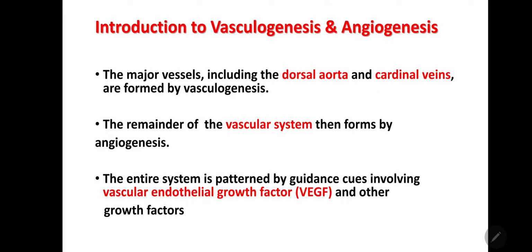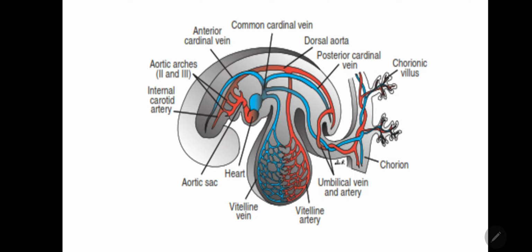So major vessels including the dorsal aorta and cardinal veins are formed by vasculogenesis, whereas the remainder of the vascular system is formed by the sprouting of these existing vessels, that is by angiogenesis. Both happen under the guidance of vascular endothelial growth factor.